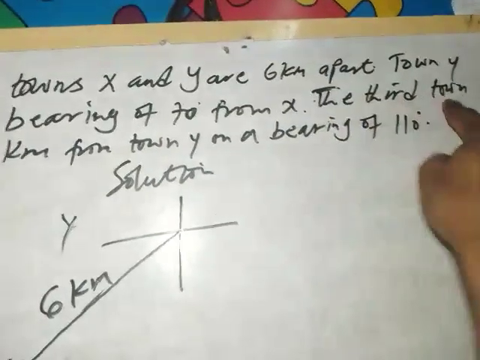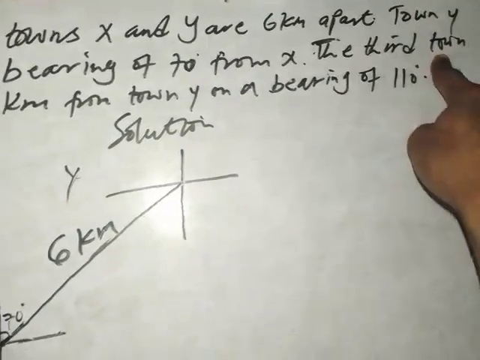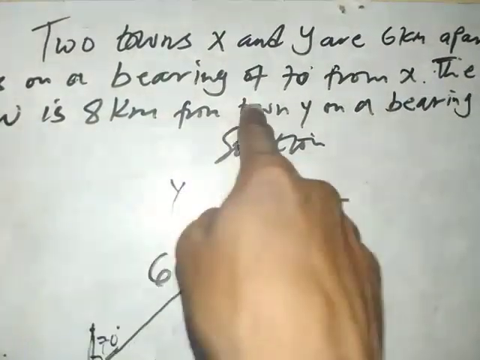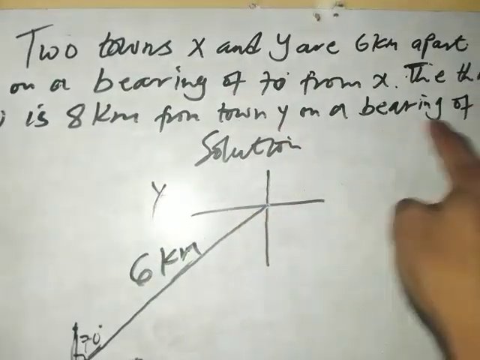The third town W is 8 kilometers from town Y on a bearing of 110.